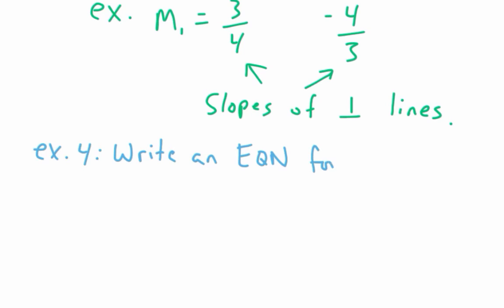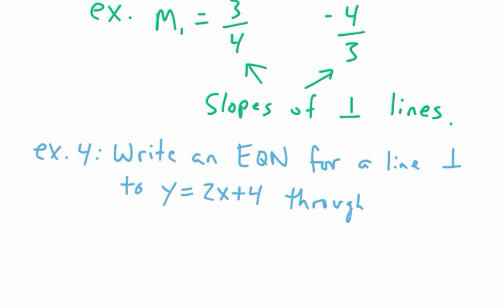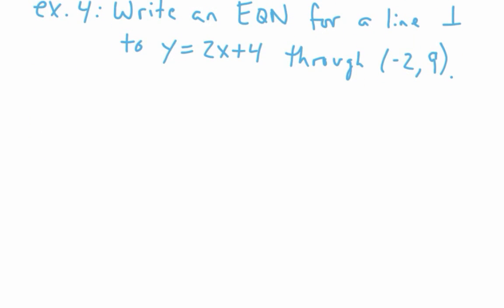Write an equation for a line perpendicular to y equals 2x plus 4 through the point negative 2, 9.